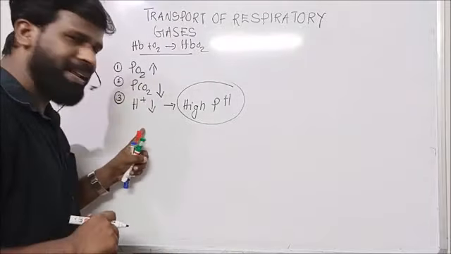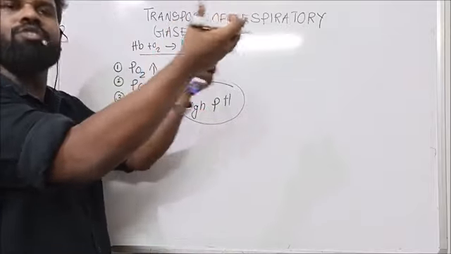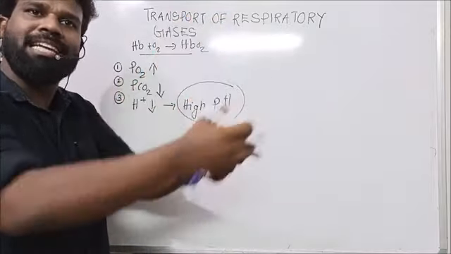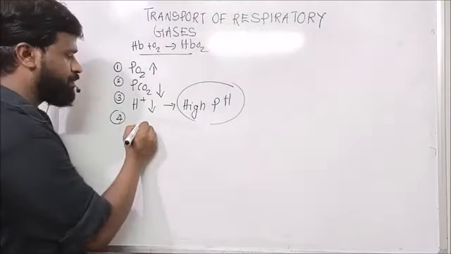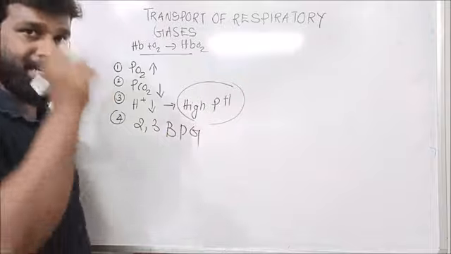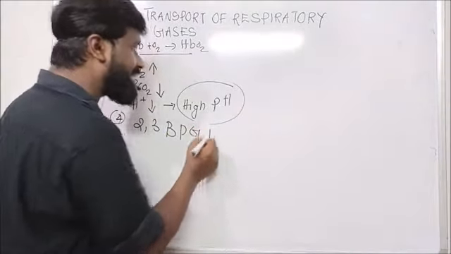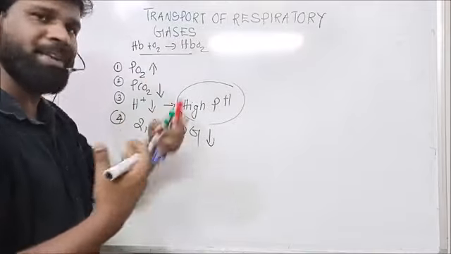So at low H plus ion concentration or high pH, hemoglobin and oxygen association will occur. So another one is 2,3-bisphosphoglycerate concentration. When this concentration decreases, the association of hemoglobin and oxygen will occur.